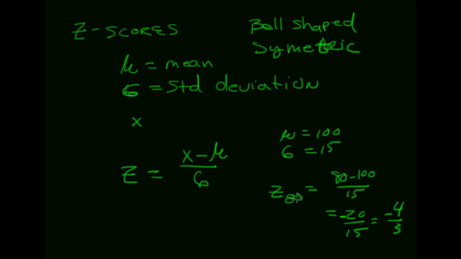And the z-scores generated by that initial distribution are also going to be bell-shaped and symmetric, but they're going to have a mean of 0 and a standard deviation of 1, because the mean is now at 0 because the distance from the mean is 0, and then each standard deviation away means that my curve is now distributed with a mean of 0 and a standard deviation of 1, which means that z-scores follow the standard normal distribution.